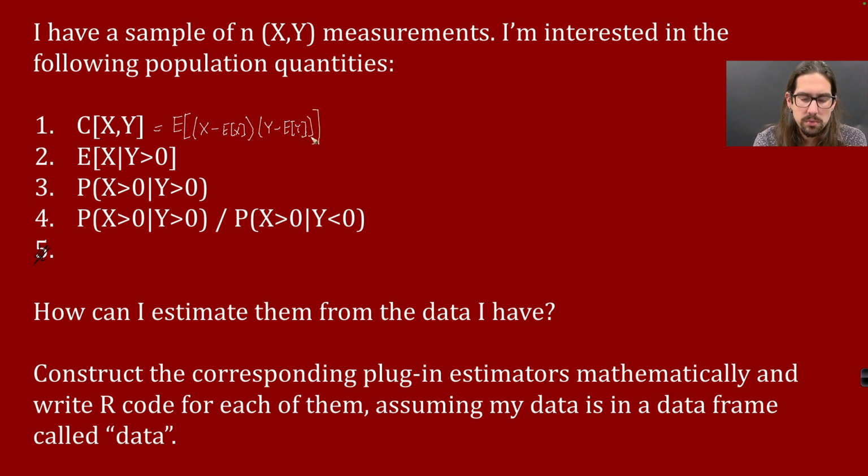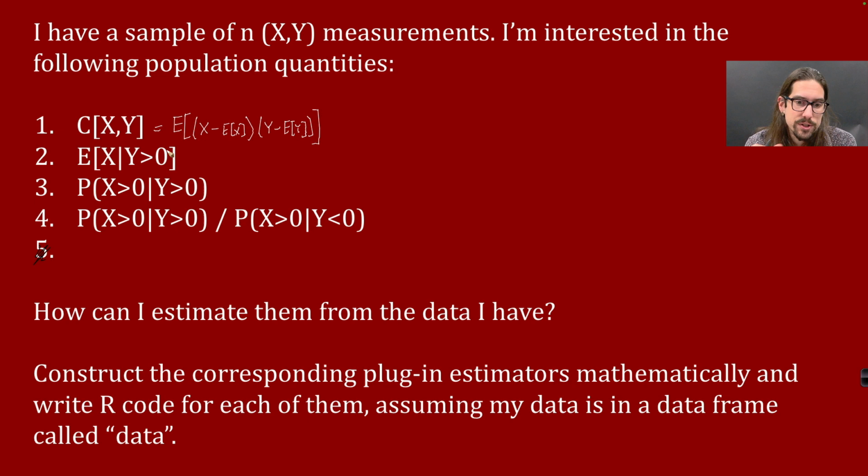Remember, this is kind of measuring if x is far away from its mean at the same time as y is also far away from its mean, then this number will be big and positive. Or if they're far in opposite directions, if x is smaller than its mean when y is bigger, then this will be a negative number. So it measures if x and y are moving in the same direction or in opposite directions in the population.